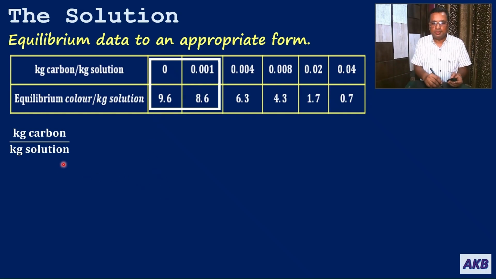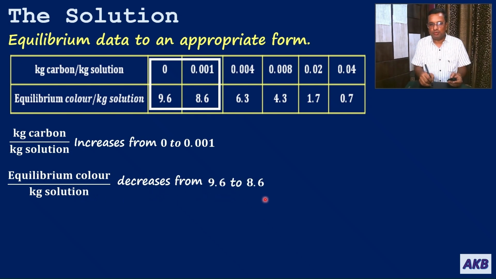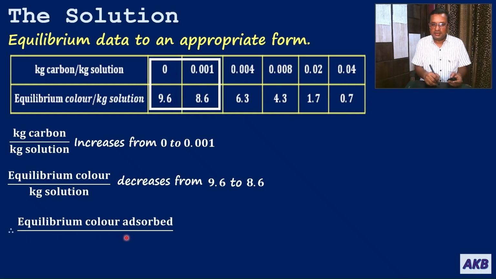So we will use this for finding X, capital X. Kg of carbon per kg of solution, if it increases from 0 to 0.001, that is, you are adding 0.001 kg of carbon to the solution. When you do that, the equilibrium color per kg solution decreases from 9.6 to 8.6. That is, equilibrium color adsorbed per kg of solution would be the difference between these two.